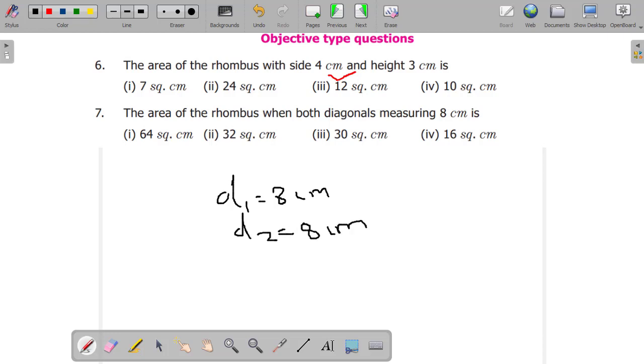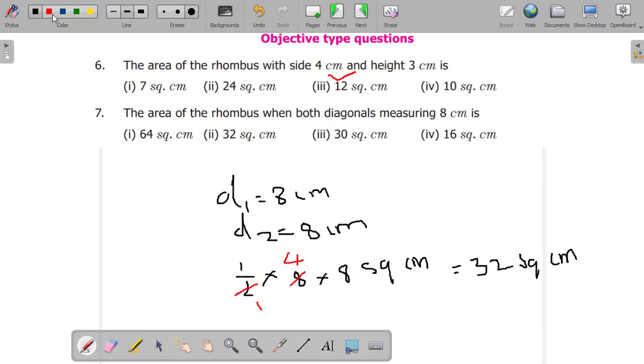So we can easily use the half into D1 into D2 formula, half into 8 into 8 square centimeter. If we simplify, we will get 1 2s are 2, 4 2s are 8. So 4 8s are 32. What's the answer? 32 square centimeter. So the answer is second option, 32 square centimeter.